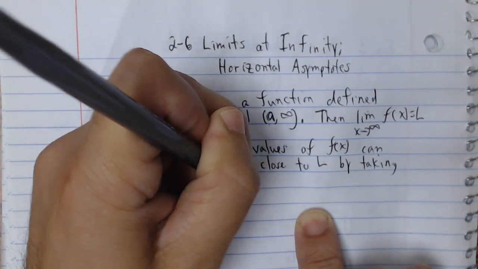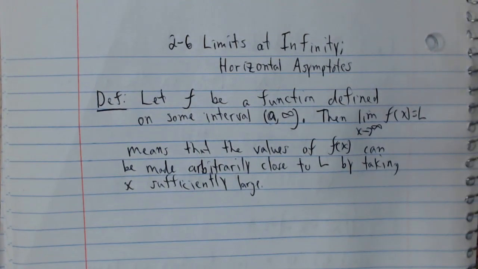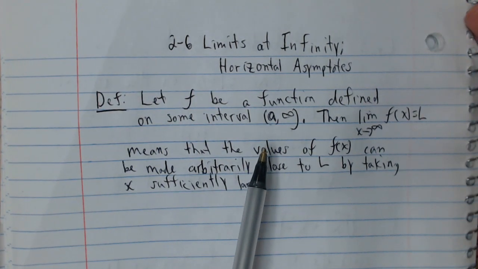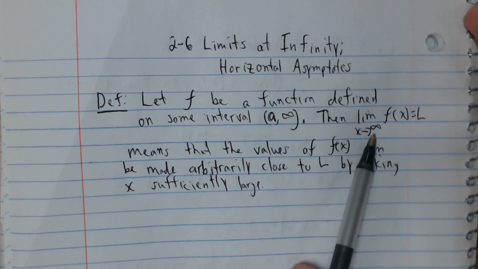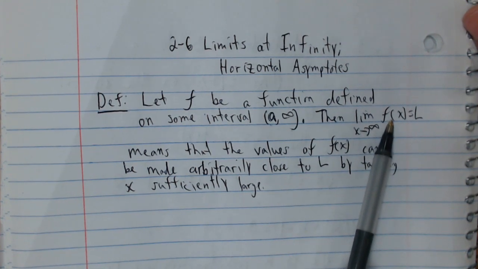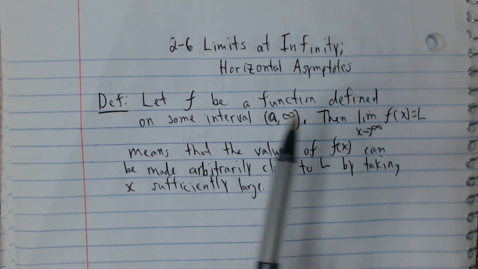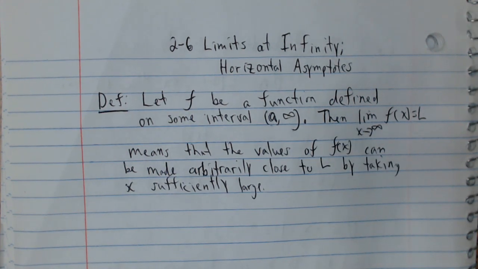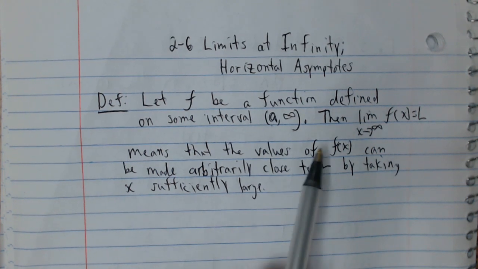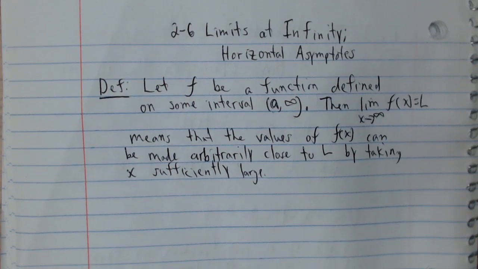So basically what we're saying here is, look, if x becomes really, really large, f of x will get closer and closer to L. So as x becomes large, my function settles down to some value. And this is something that we have seen in analysis. It's just we never expressed it this way.